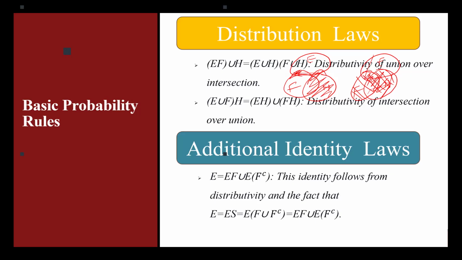Now, the intersection of E and F is this part, right? F complement is this part, everything outside of that. The intersection of E and F complement is this part.